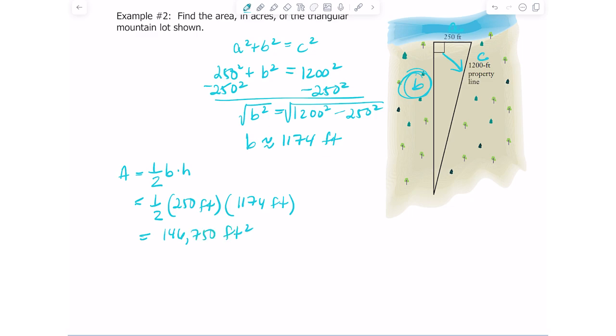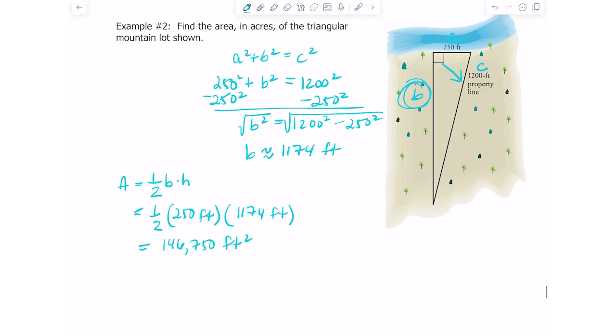Now, the problem asks us to find the area in acres. So you'll need to recall what the relationship is between square feet and acres. And if you look back at the conversions, and if you don't remember, you can just look it up. We know that in 1 acre, there's 43,560 square feet, okay?